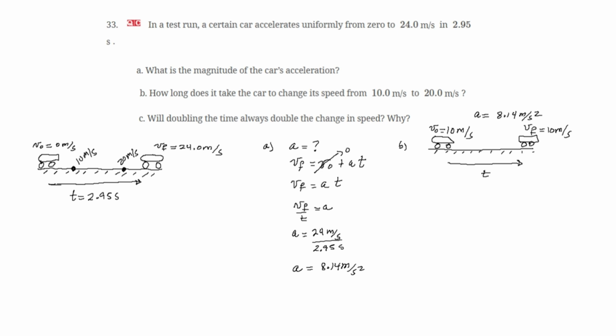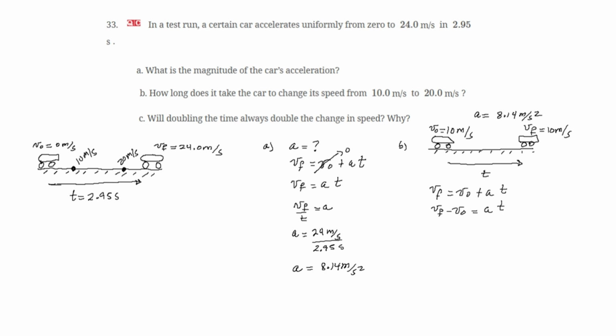So what formula are we going to use? Exactly the same formula, but in this case, we have no velocity equal to 0. So we say v sub f equals v sub 0 plus acceleration times time. We subtract v sub 0, so v sub f minus v sub 0 is equal to acceleration times time.